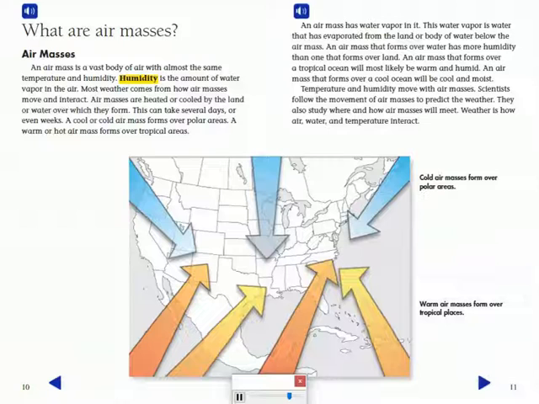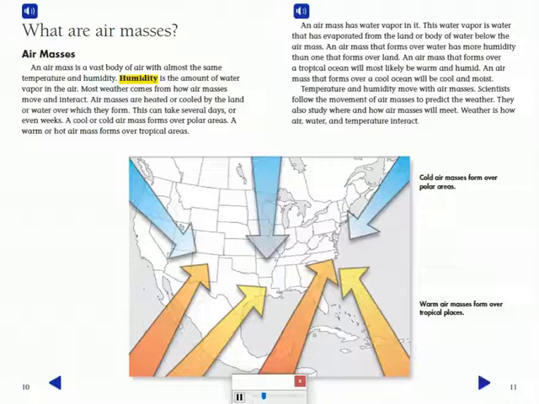A cool or cold air mass forms over polar areas. A warm or hot air mass forms over tropical areas. An air mass has water vapor in it. This water vapor is water that has evaporated from the land or body of water below an air mass.